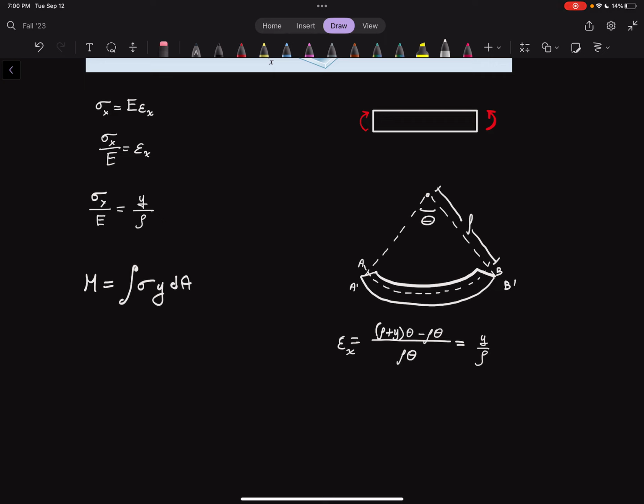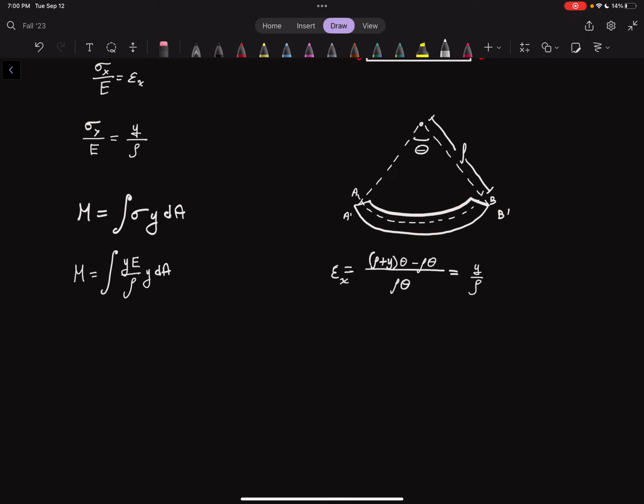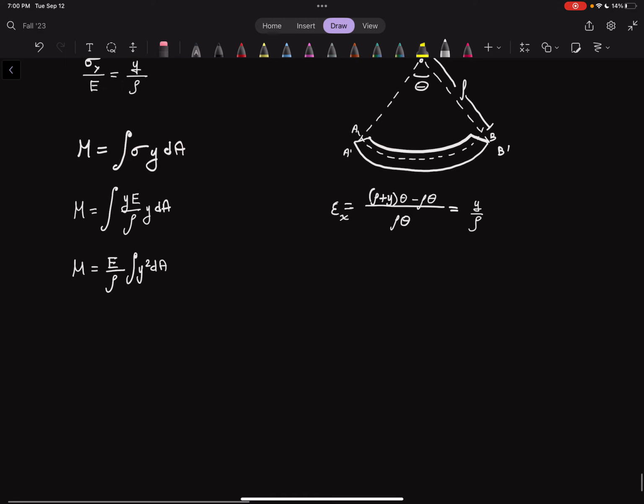Because it's a force times y that gives us a moment. And so if we substitute what we said for sigma, then we get basically Y E over rho times Y dA. And so we can pull out E over rho because we know that to be constant in the elastic region. So we get Y squared dA. Y squared dA is our moment of inertia. So that's E I over rho.